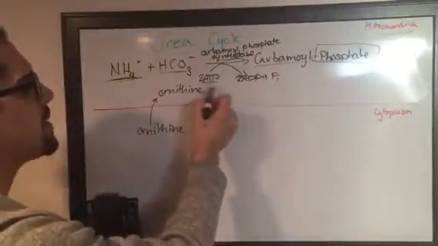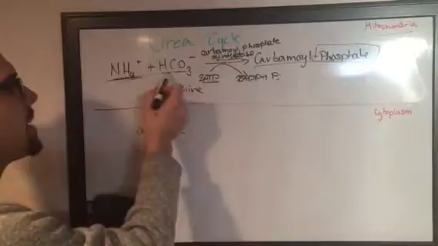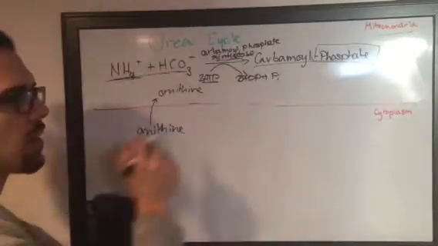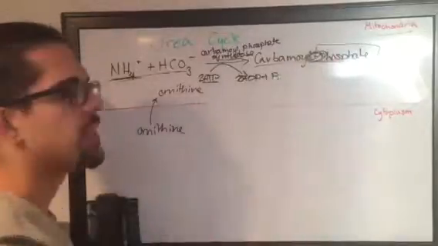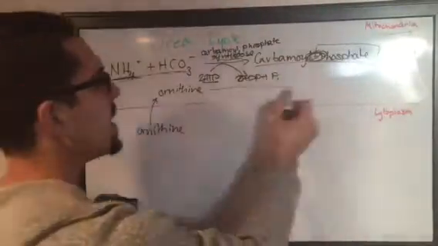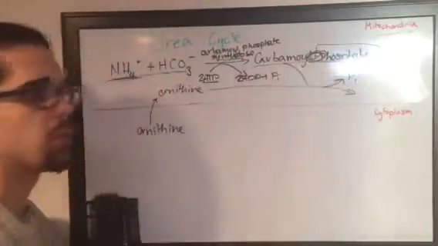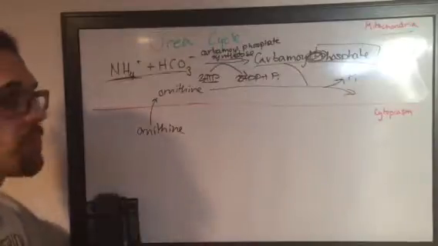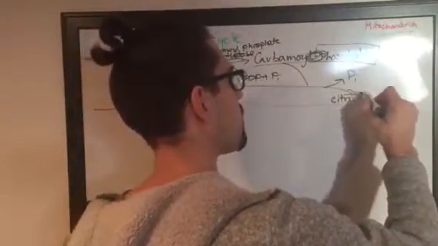All right. These two ATP, the hydrolysis of those high energy bonds was used to create this bond between the nitrogen and carbon, forming carbamoyl phosphate. This high energy bond right here in the carbamoyl phosphate is going to be used to attach carbamoyl phosphate onto ornithine. What that's going to form is something called citrulline.